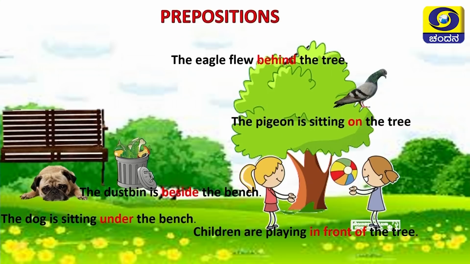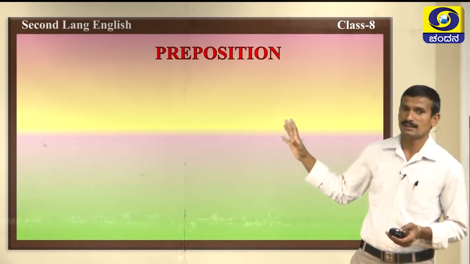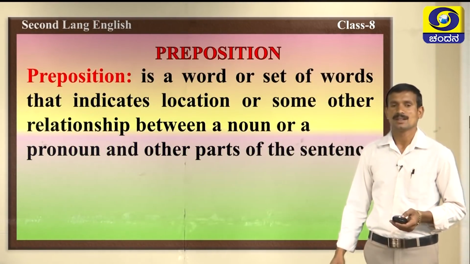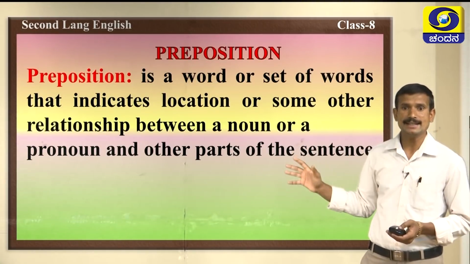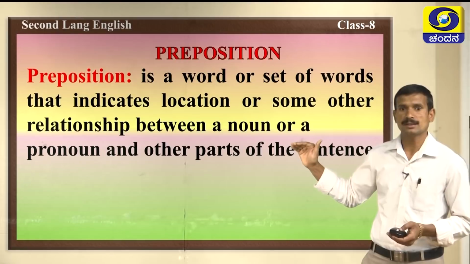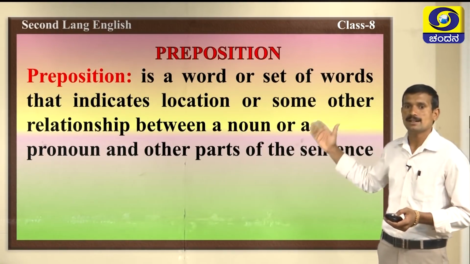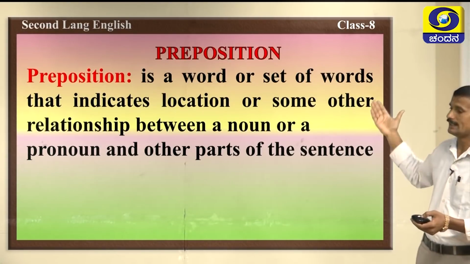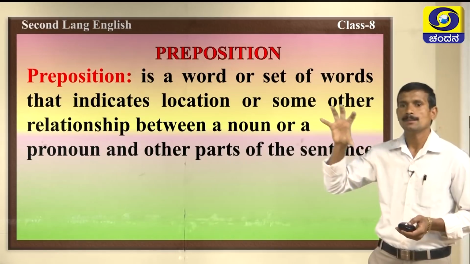These are all prepositions. What is the meaning of prepositions, dear children? A preposition is a word or set of words that indicates location or some other relationship between a noun or a pronoun and other parts of the sentence.